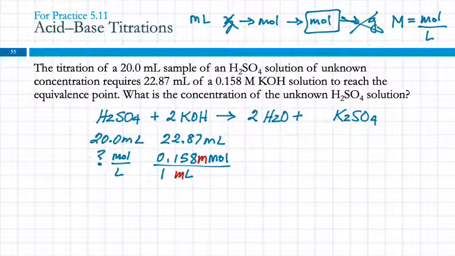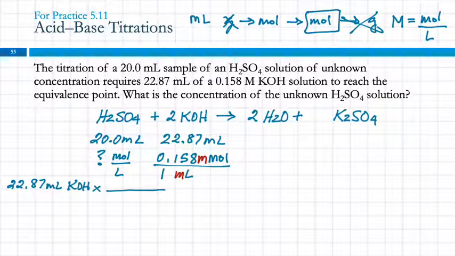Okay, so I've got a volume of this and a concentration. So I'm starting with KOH, 22.87 milliliters of KOH. And I'm going to convert that. I'm going to do milli everything. I'm going to go to millimoles of KOH, and I'm going to have milliliters in the denominator.